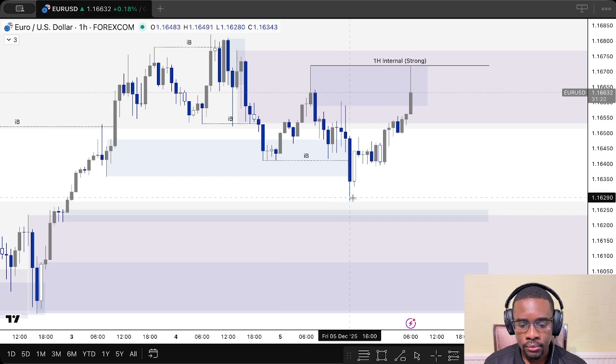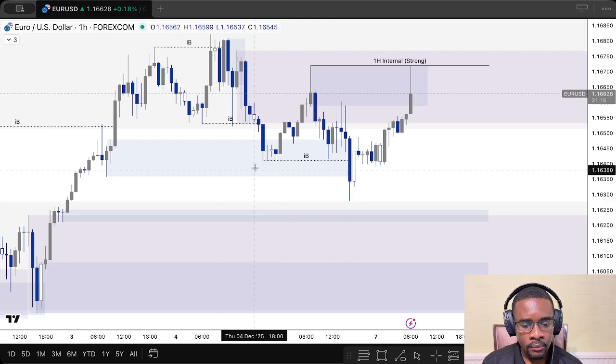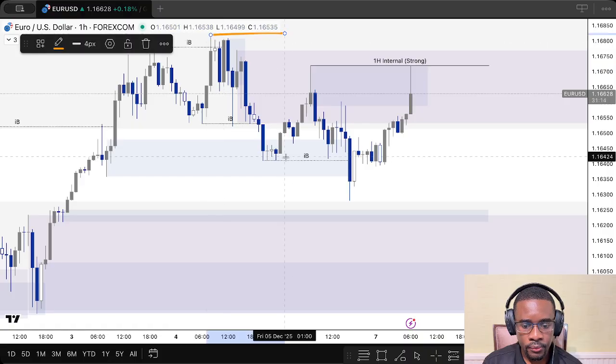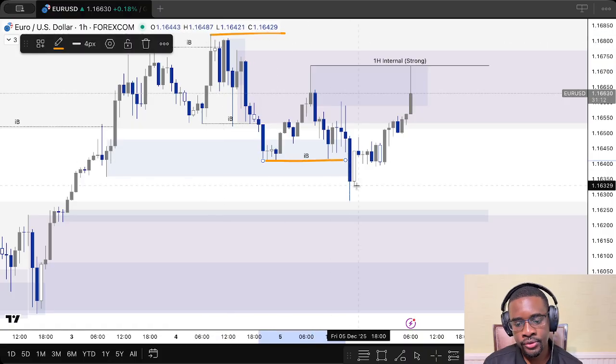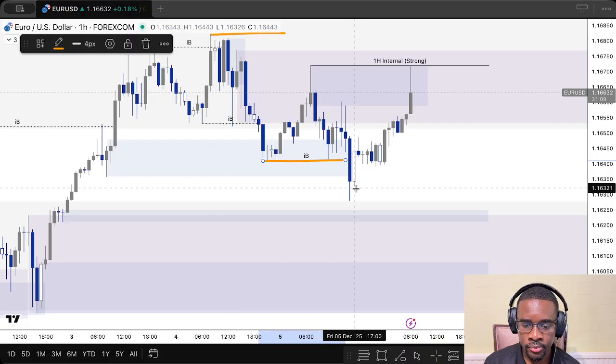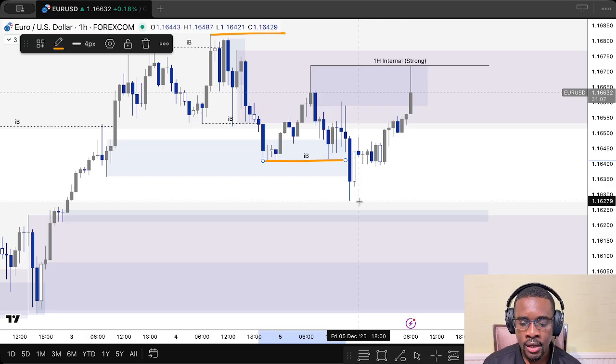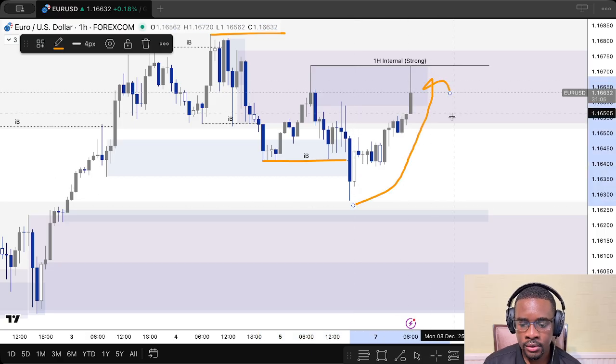On the 1 hour chart, we can see that we are starting to have bearish breaks of structure. Now overnight today, this morning, we can see that price did come up.